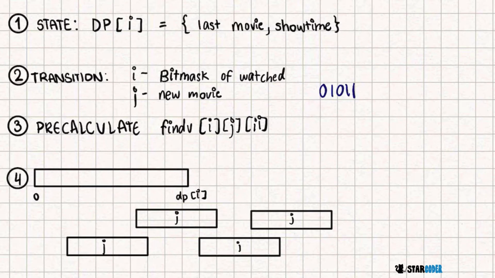In order to make our program faster, the way this transition works is we're going to assume in our state for DP[I] that we find the largest possible time we can already watch movies so that there are no gaps from 0 to that time.